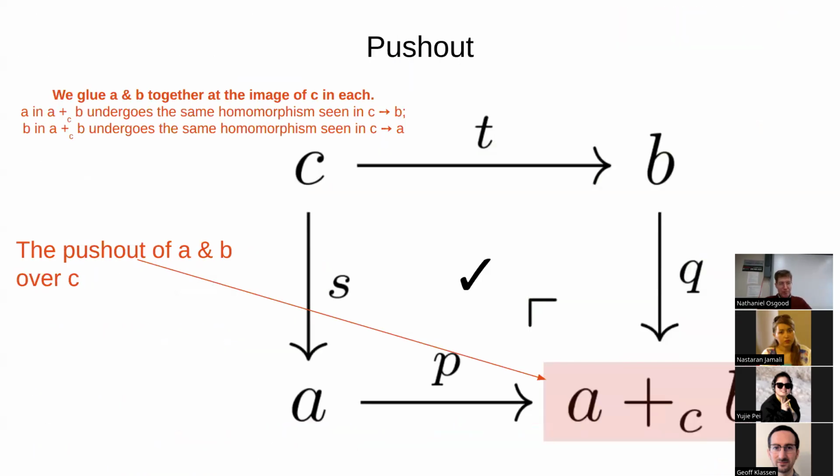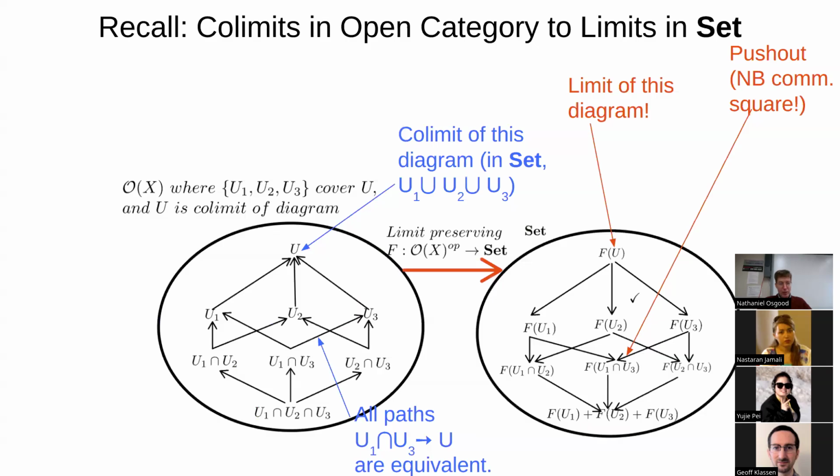So I'd like to talk about this. If we have a diagram in our pre-order category for our topology, we have something like this, right?